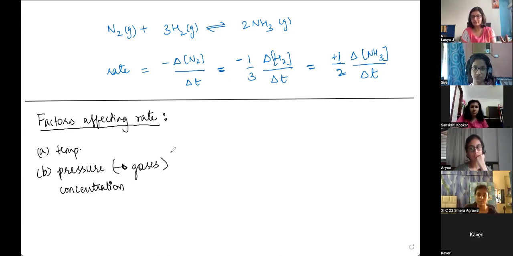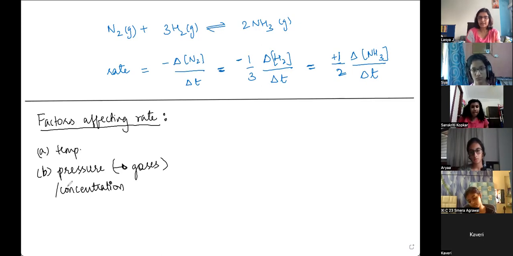So increasing the number of molecules or bringing them closer, like concentration, you're increasing the number of molecules directly by adding more of the reactant. Or if you affect the product, that will also affect it somehow. So pressure or concentration, similar thing. We'll be studying both of these together.